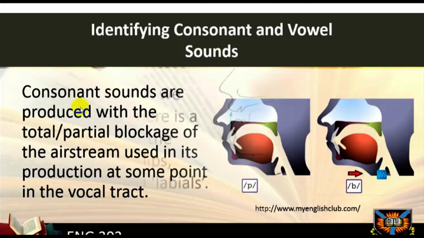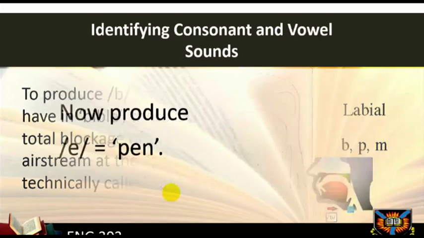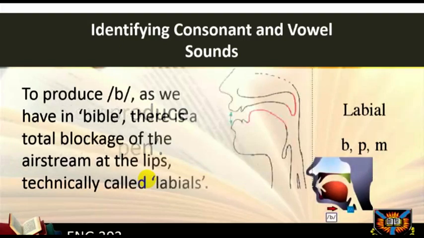So produce B, as we have in Bible: there is a total blockage of the air stream at the lips, technically called labials. This accounts for why it is easy to name consonant sounds after the places of articulation, because you can indicate the specific points at which the blockages occur.